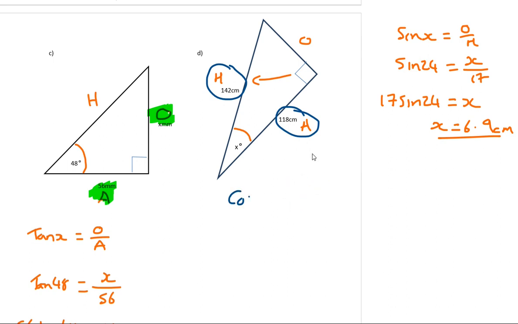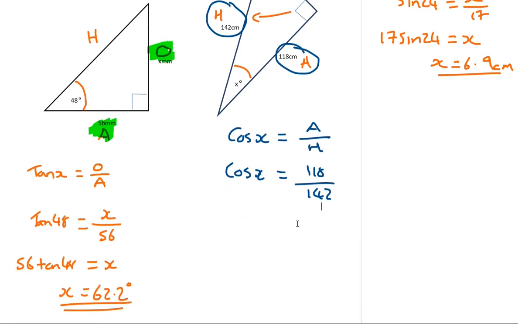So I'm going to say cos of x is equal to adjacent over hypotenuse, and then I start subbing in. Cos of x is equal to 118 divided by 142. And just like before, how do I get x on its own? Well, I need to do shift cos, which is the same as cos negative 1, 118 over 142.